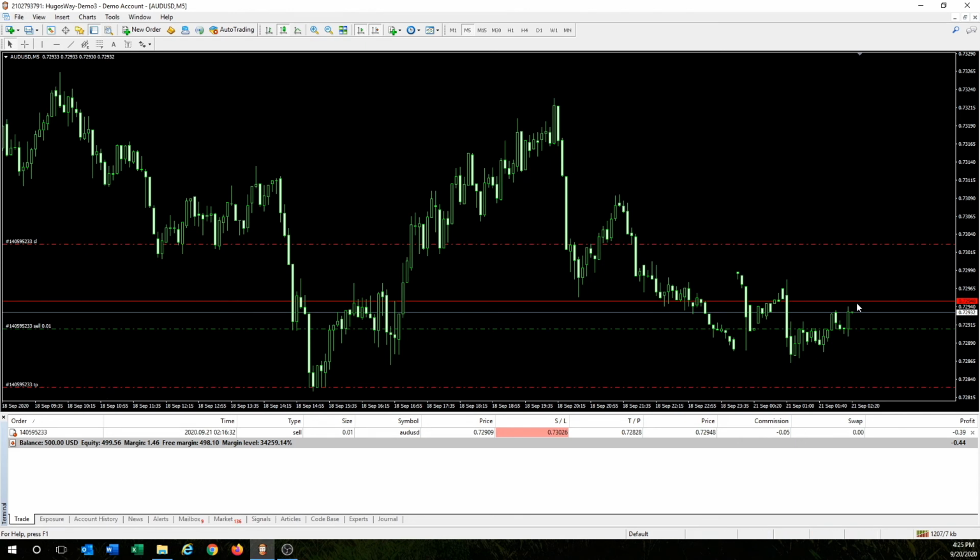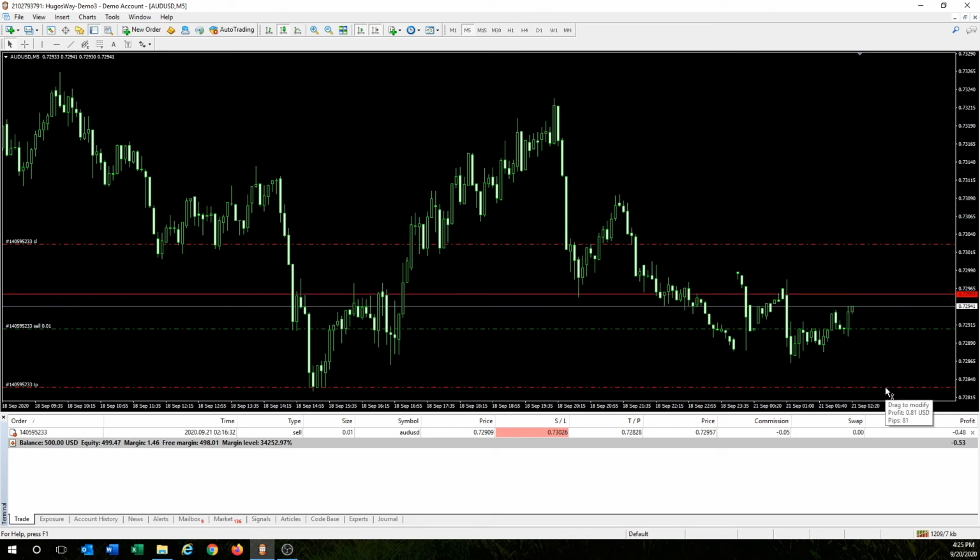Now if price, this red line here, continues down and hits our take profit, it will automatically close the trade, and into our balance we will have a positive deposit. When this red line hits our take profit, it closes the trade and either puts money in or takes money out of our balance.